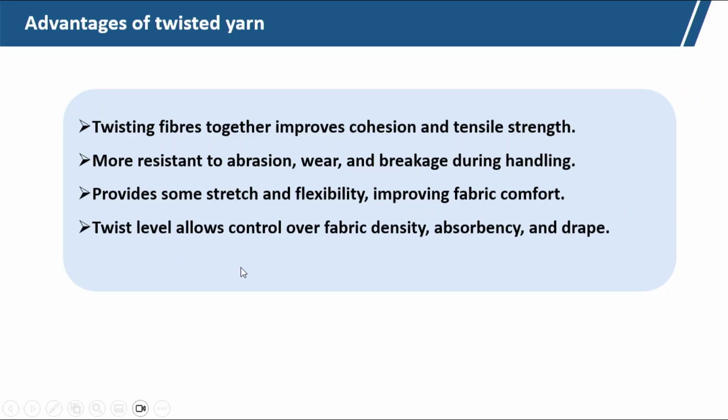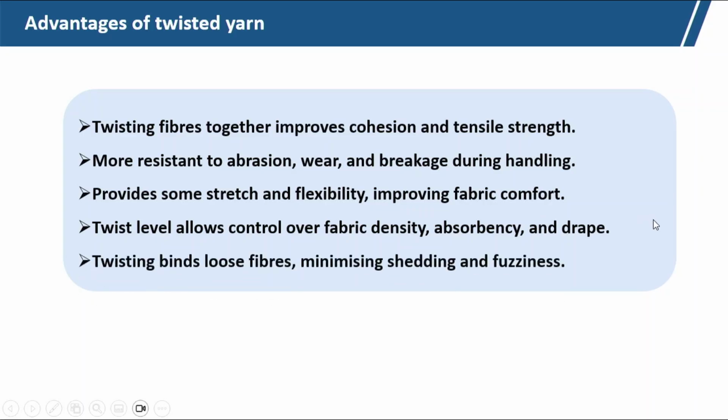Twist level allows control over fabric density, absorbency and drape. Twisting binds loose fibers, which minimizes shedding and fuzziness.